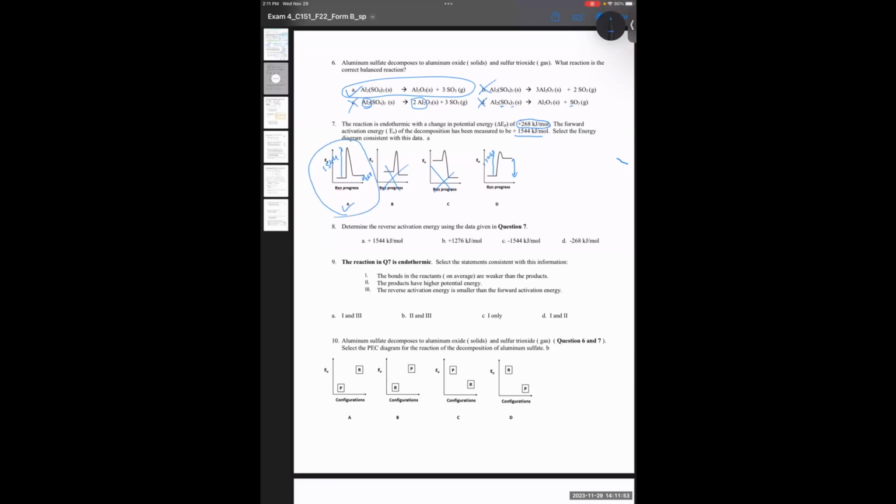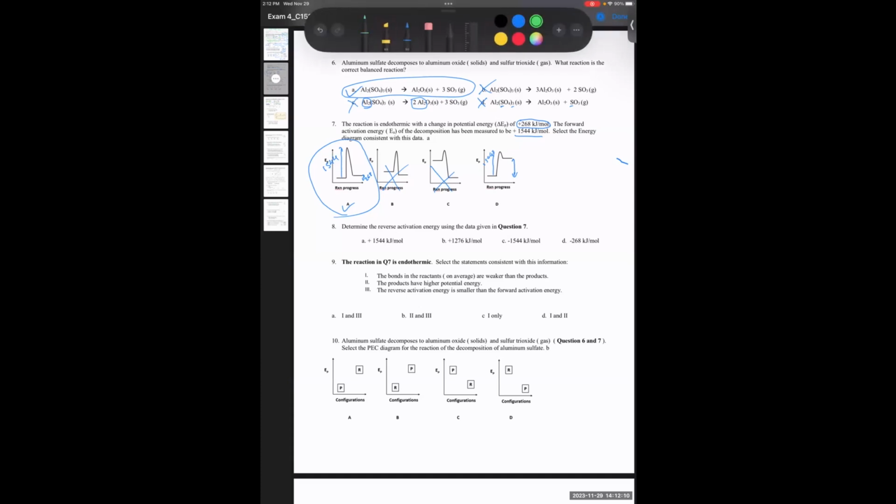Determine the reverse activation energy using the data given. Now we know that the energy diagram is option A. So the reverse activation energy, if I use a different color, is this one over here. Let's say Ea reverse.